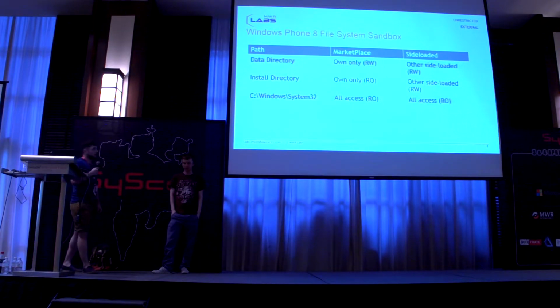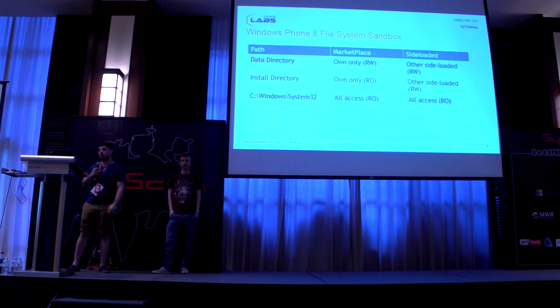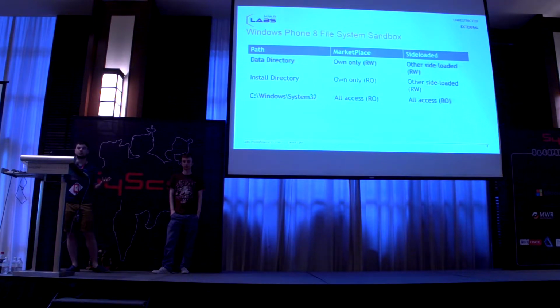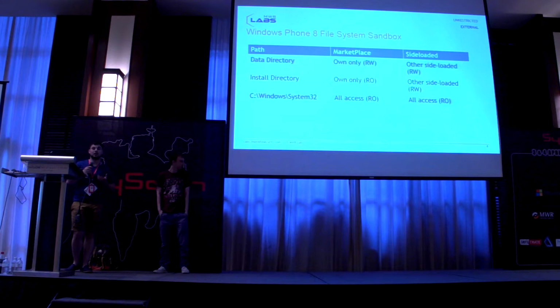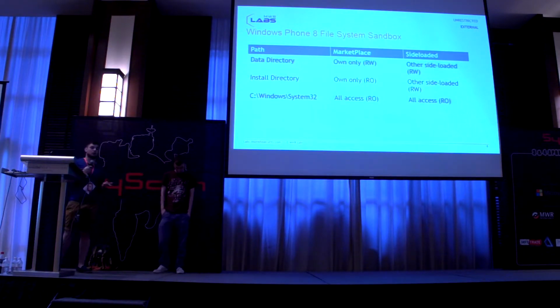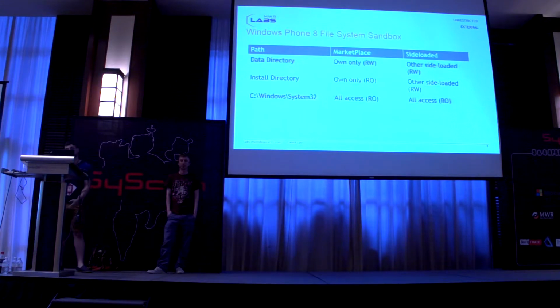So there are a few differences, however, when you're considering how an application is deployed. The security restrictions applied to an application depend on how the application was actually pushed onto that device. There are two ways you can do it: you can install an app off the marketplace, or you can developer unlock your phone and side-load an application.